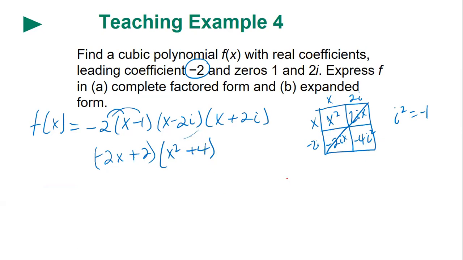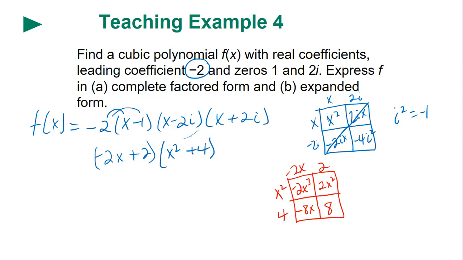Now we have another box to do. My second box is now -2x and +2, x squared and +4. -2x times x squared is -2x cubed. It does not matter where it goes on the outside. 2 times x squared is 2x squared. -2x times 4 is -8x, and 2 times 4 is 8.